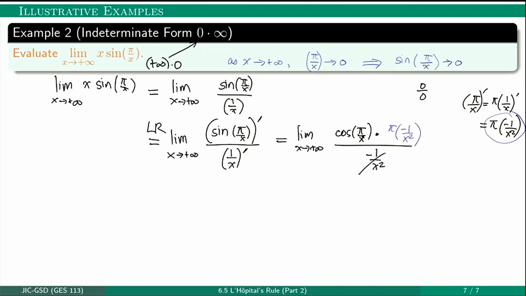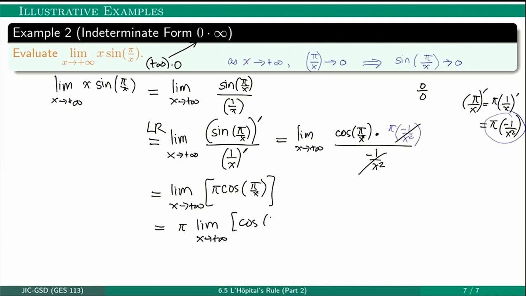So I can cancel these two, my numerator and denominator, and I will now have the limit as x approaches positive infinity of cosine pi over x multiplied by pi. Now, let's consider this limit. I can move the pi outside of the limit and we'll just have the limit as x approaches positive infinity of cosine pi over x.